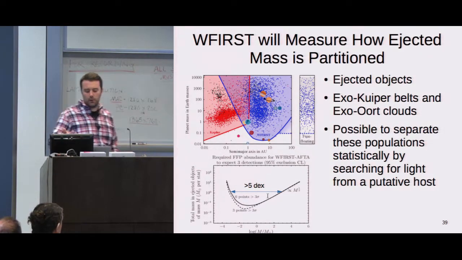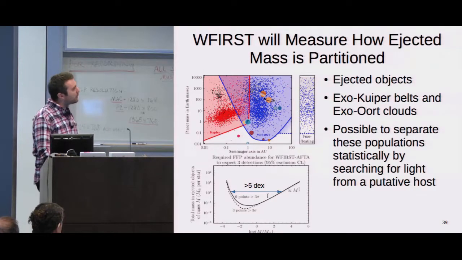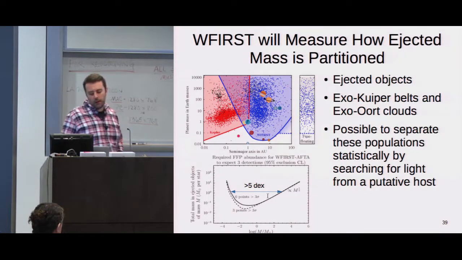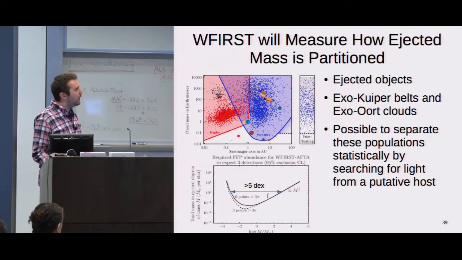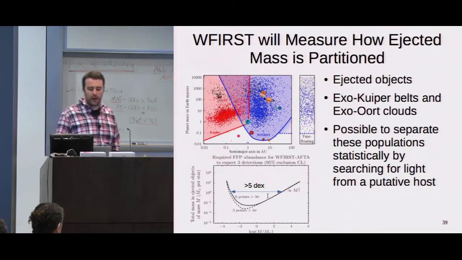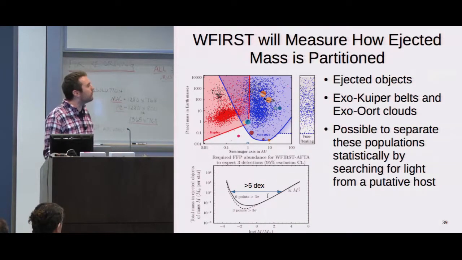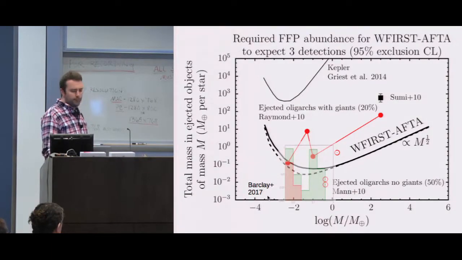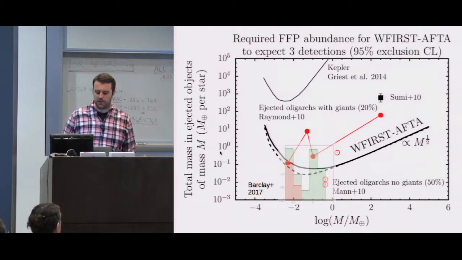And so this includes objects that would be in exo-Kuiper and exo-Oort clouds of other stars. And you can also possibly separate bound and unbound populations by looking for light at the position of the lens. And this is how that sensitivity compares to some models.